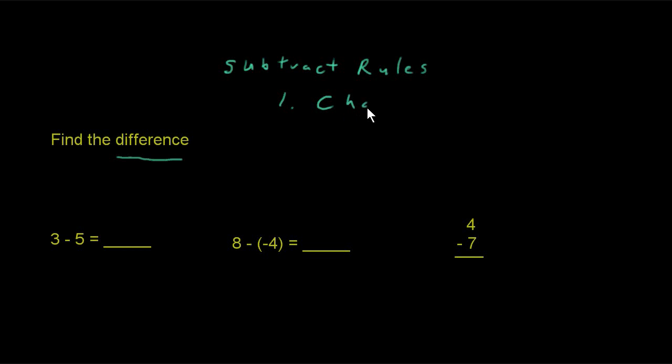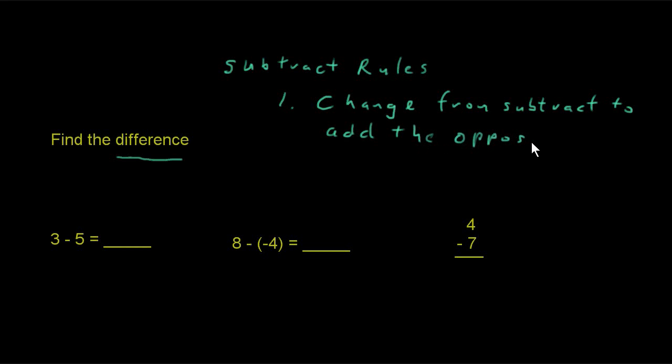The first rule is just to change from subtract to add the opposite, or add the additive inverse. So we want to change any subtraction we have to an addition problem of the opposite. And then from there we just proceed by using the addition rules that we've discussed in a previous video.